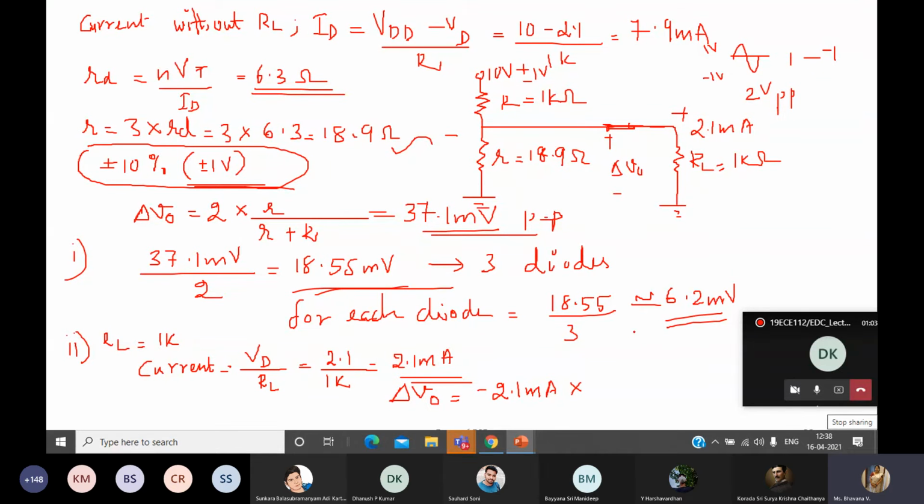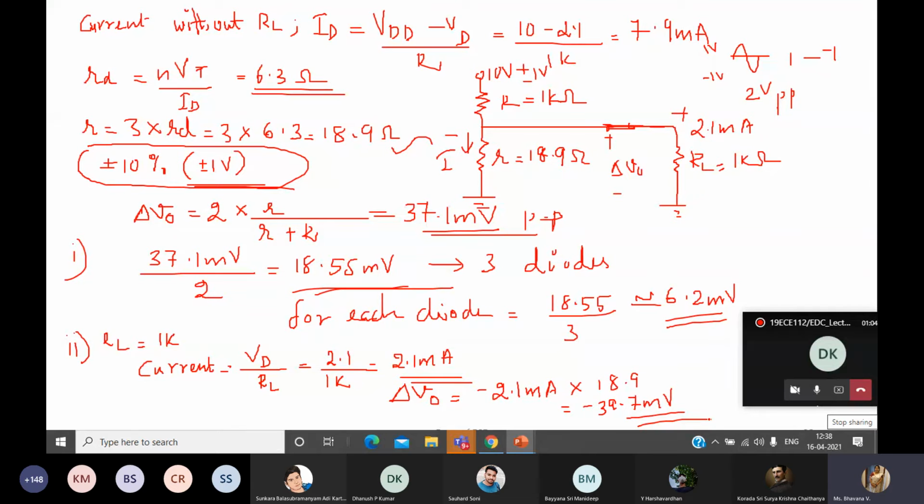What is the resistance? 18.9. Yes, absolutely right. So which is equal to minus 39.7 millivolt.